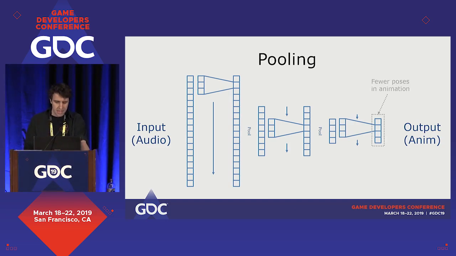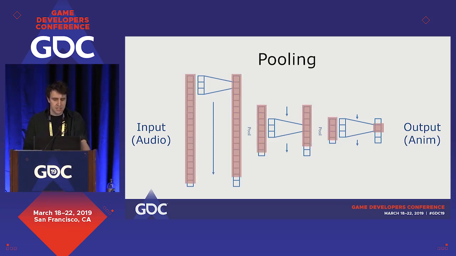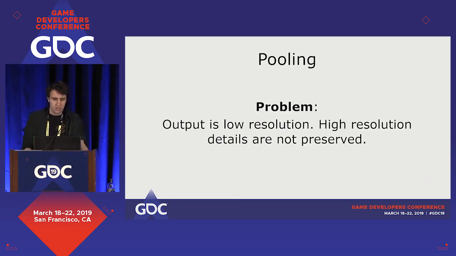And now if we trace back the influence, we can see that a single frame of animation is influenced by almost all of the audio input. The only problem is that our temporal resolution on our output is extremely small. So here our input was at 30 frames per second, let's say, but our output, we only have 4 frames to cover the same amount of time. So we're losing a lot of resolution, which means it's either going to look jerky or it's going to be way too smooth.